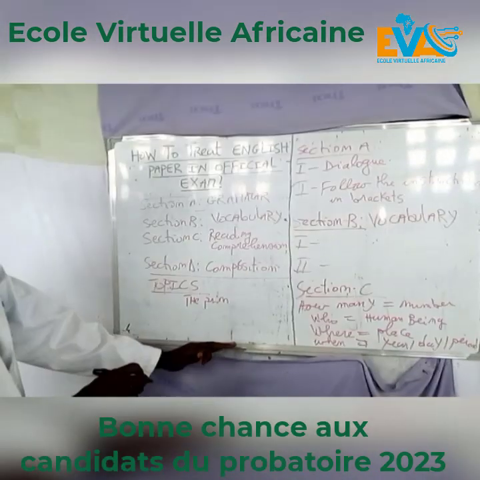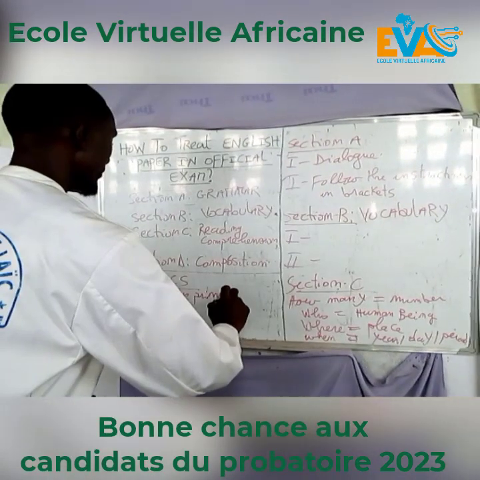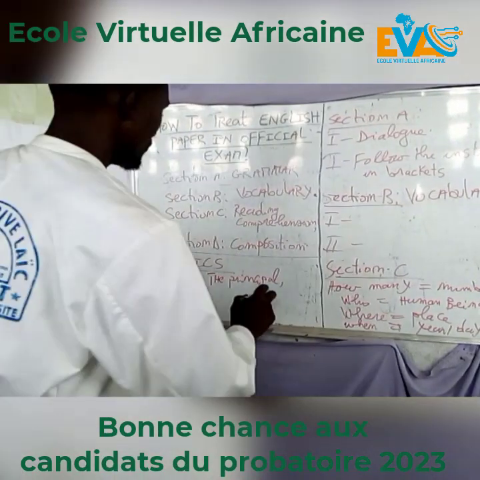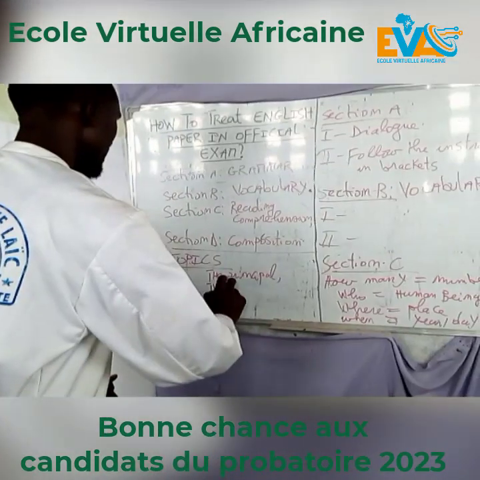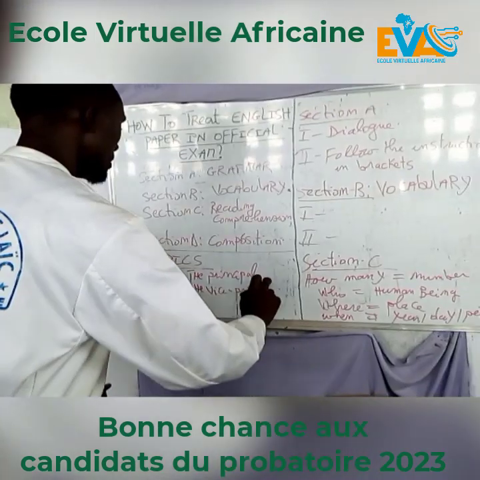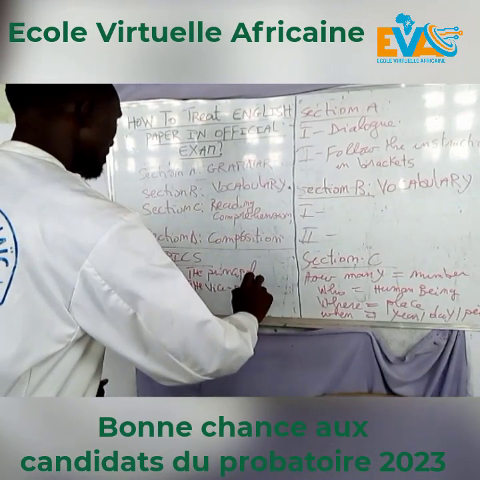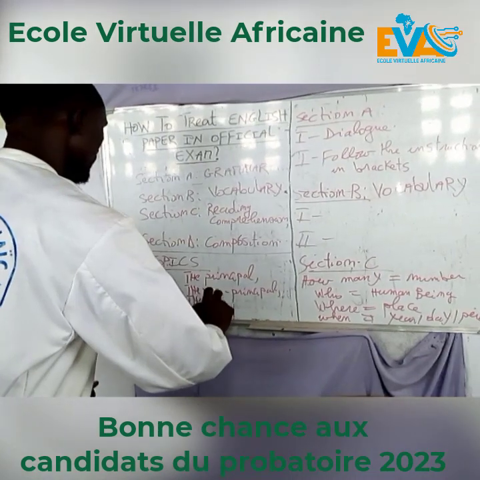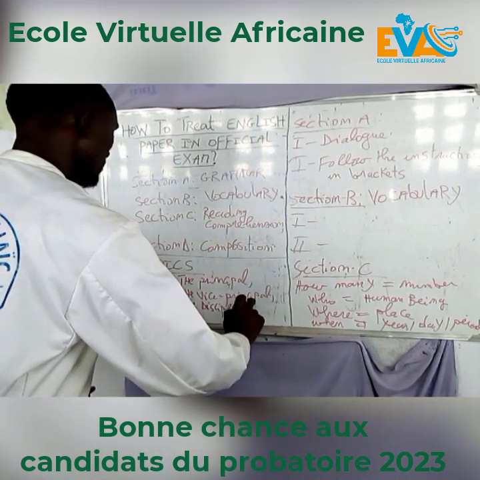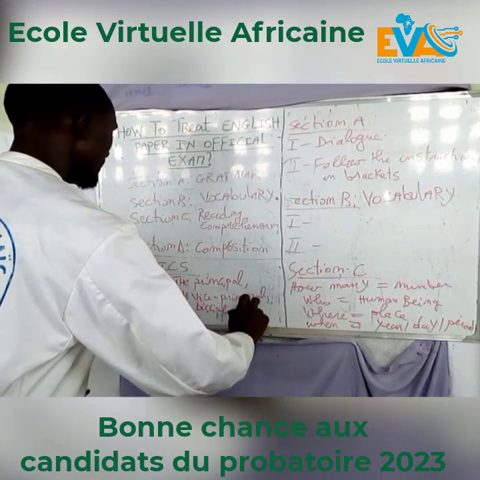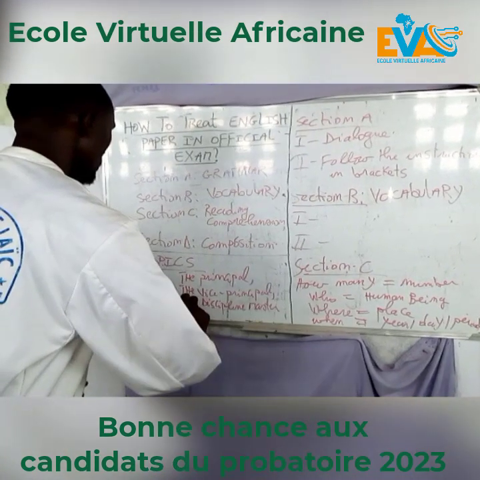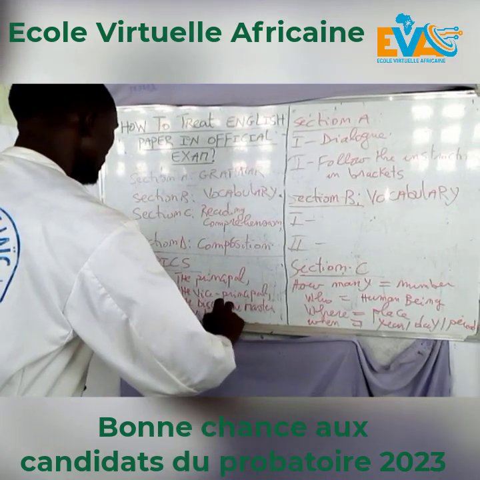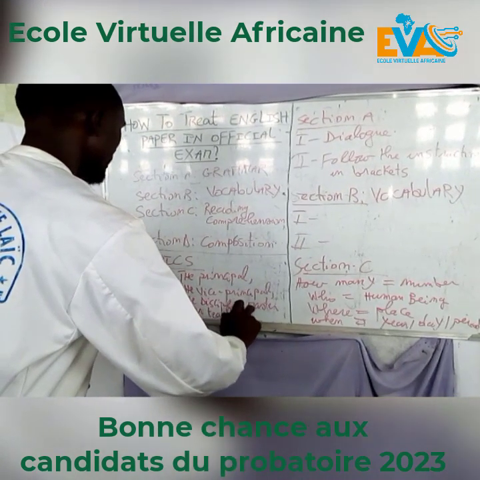So the principal, for example, not the proprietor or the founder. After the principal, you have the discipline master. The discipline master, you can follow with dear teachers, for example.